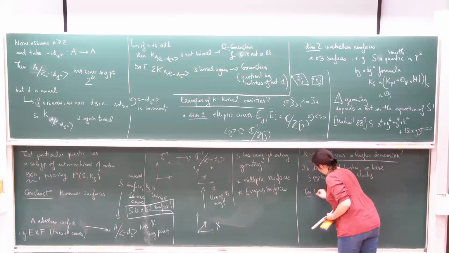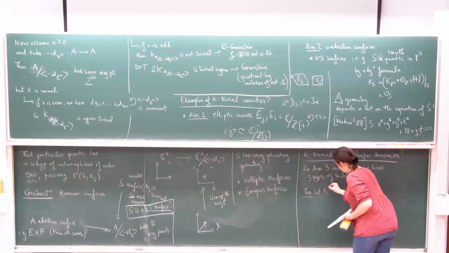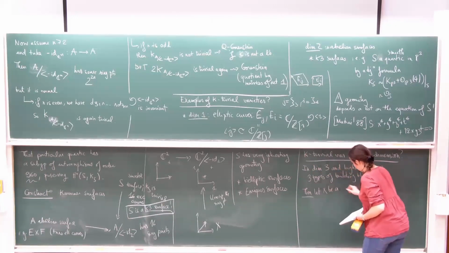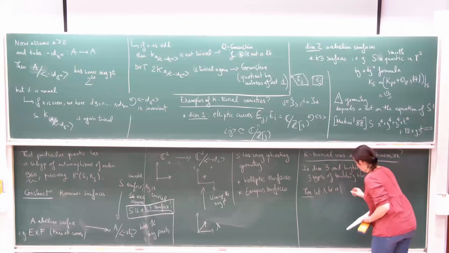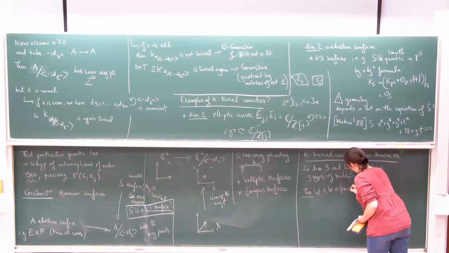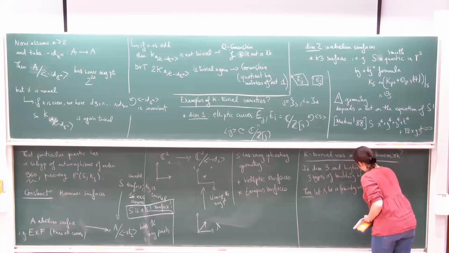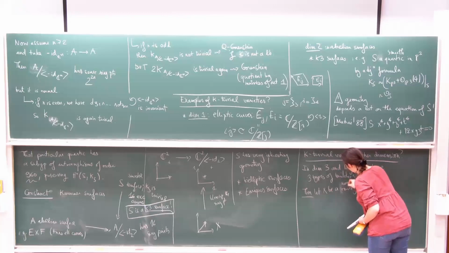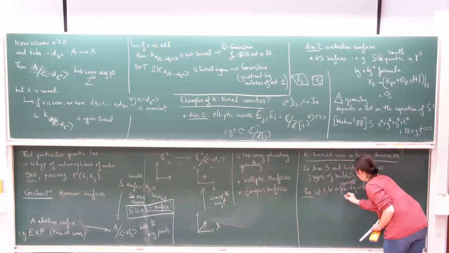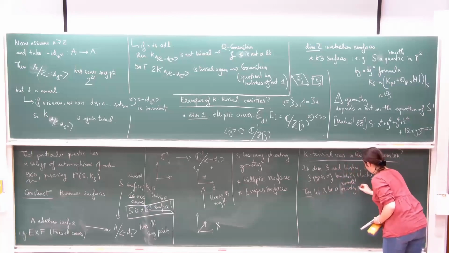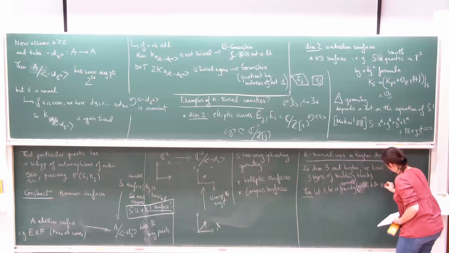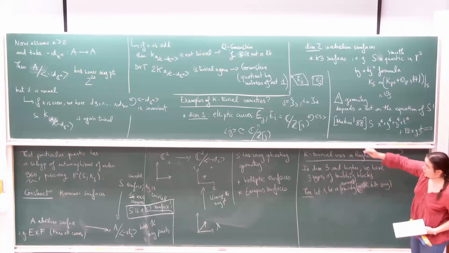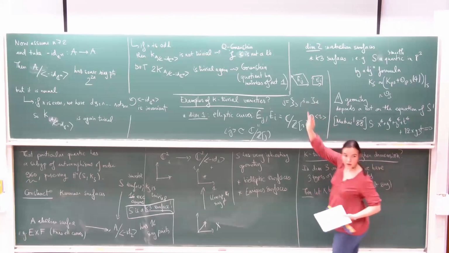The theorem: let X be a normal variety with, for those of you who know KLT singularities, and otherwise ask for at least Q-Gorenstein here, so things are not too crazy.